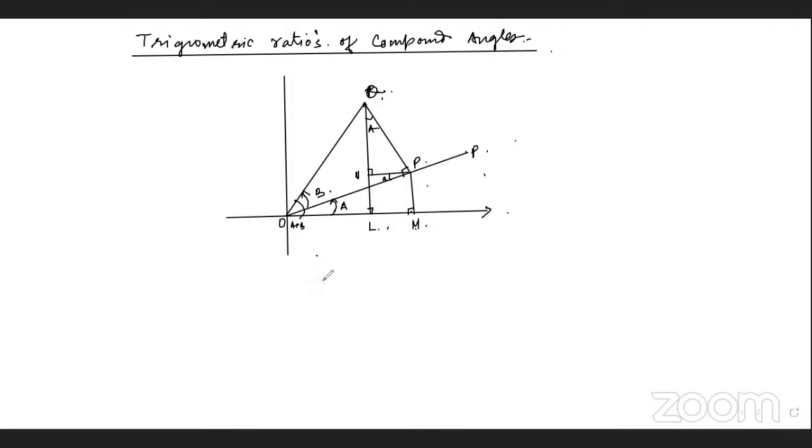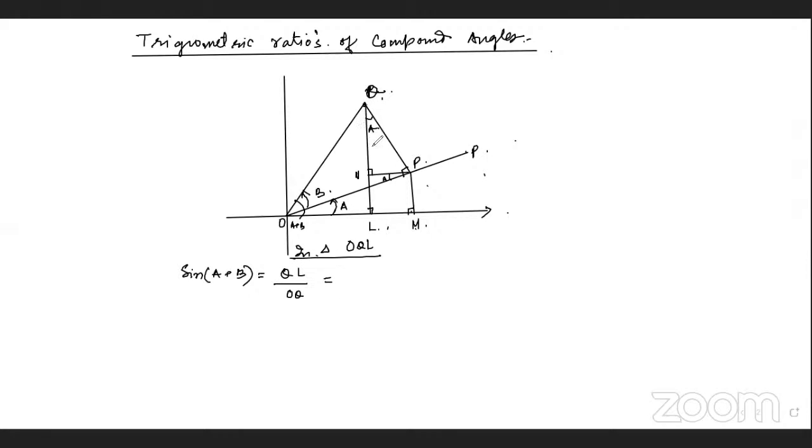Okay, so now tell me, what is sine of A plus B? Look, sine of A plus B we will get in this triangle, which one? In triangle OQL, okay. So sine of A plus B is equal to perpendicular upon hypotenuse, that is QL upon hypotenuse, that is OQ, okay.